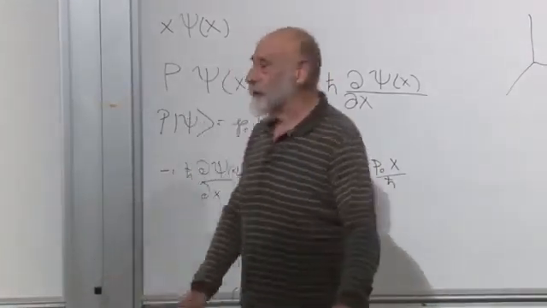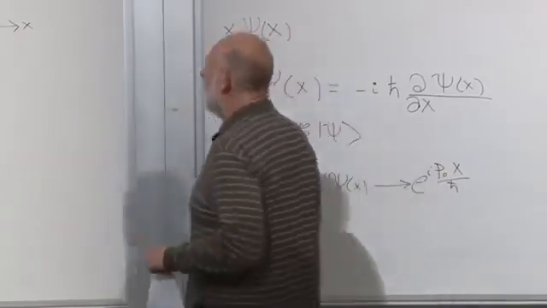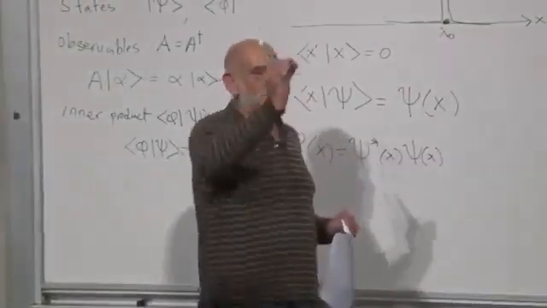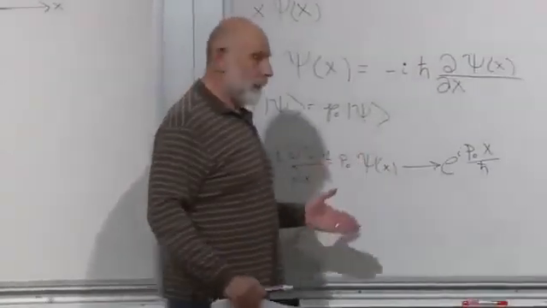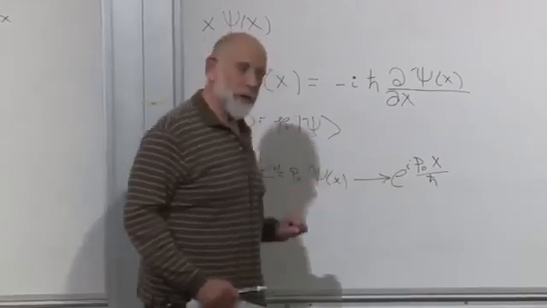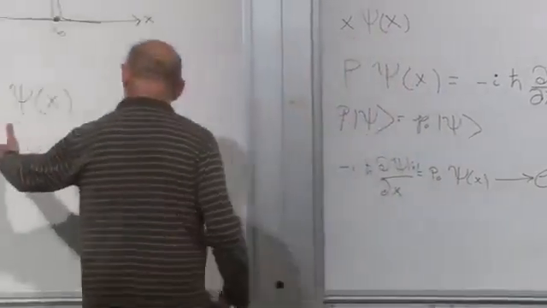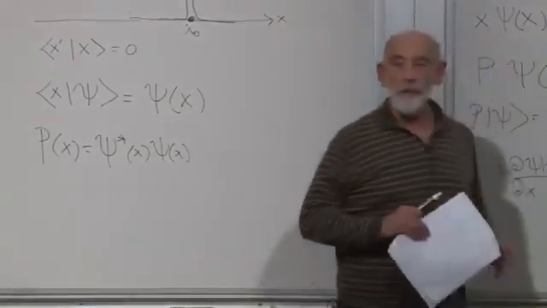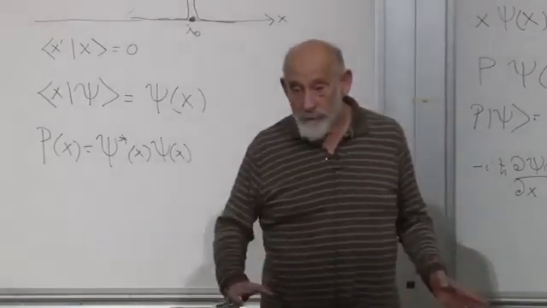Okay. Now, you'll notice, of course, that there's a huge difference between the eigenvectors of position, which are these narrow little spiky functions, and the eigenvectors of momentum. In particular, let's take the probability that's associated with e to the i p naught x. Let's multiply it by its own complex conjugate. What happens if you multiply this by its own complex conjugate? You get 1.